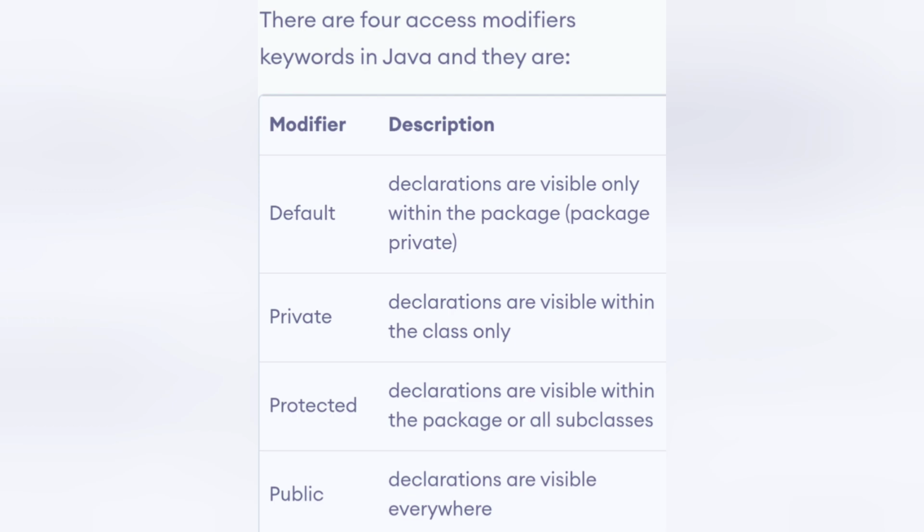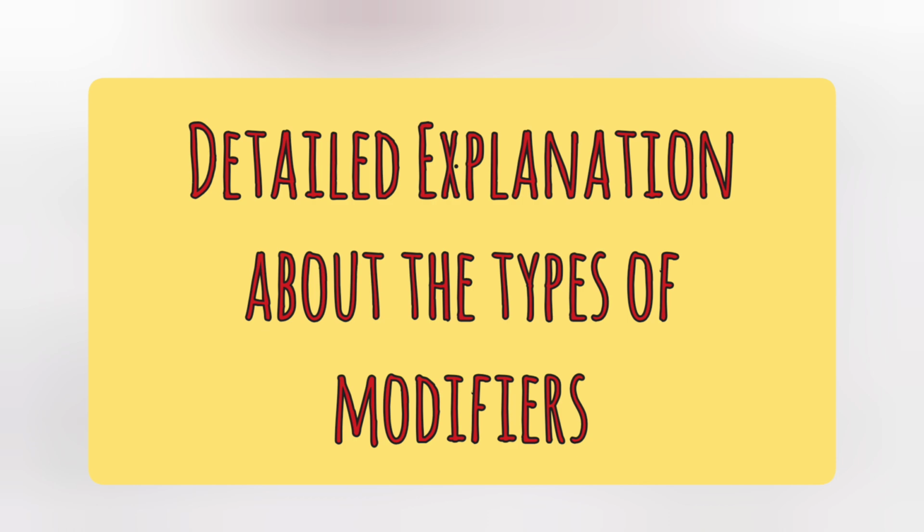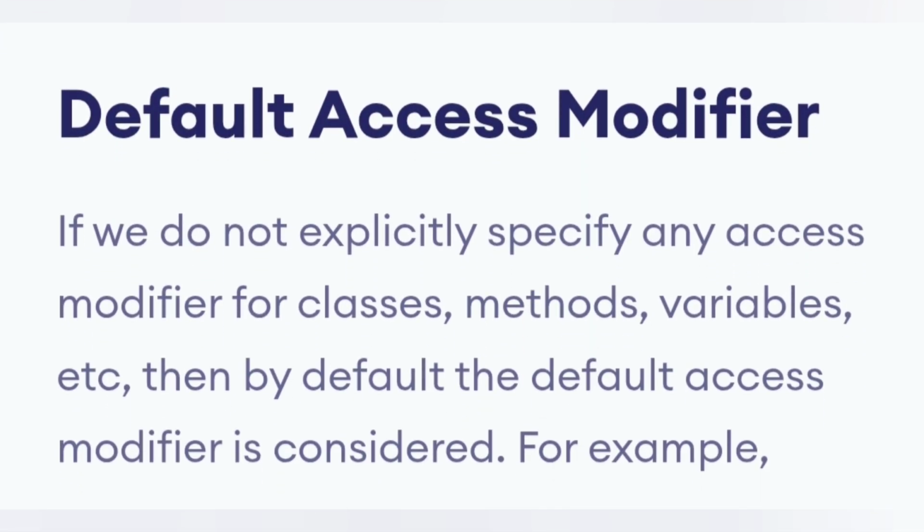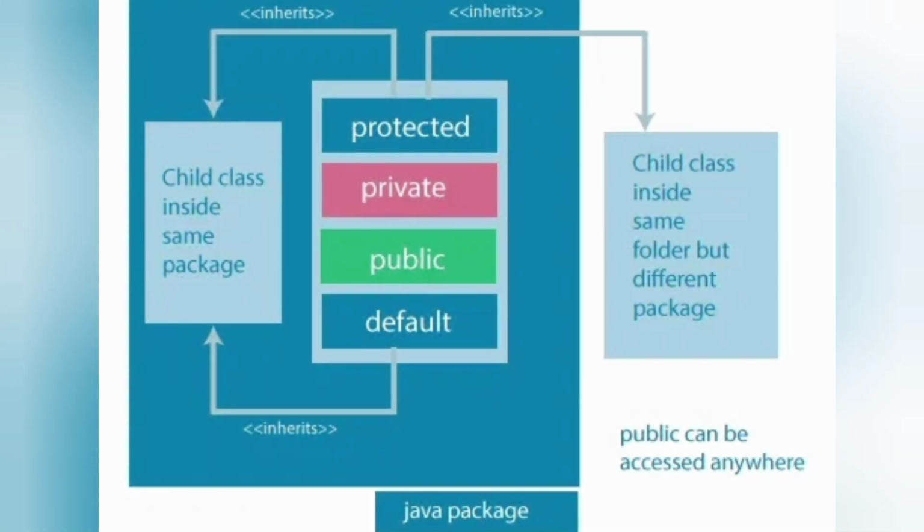First we are going to see the default access modifier in detail. It doesn't have an explicit keyword as default, but by default it specifies the access modifier for classes, methods, variables, etc. For example, the package name, the class name, the method name, and the println.